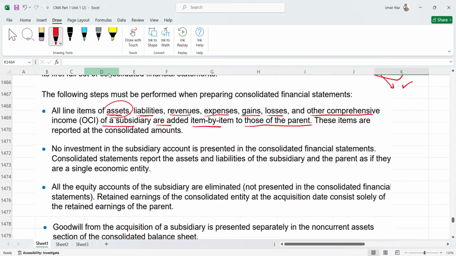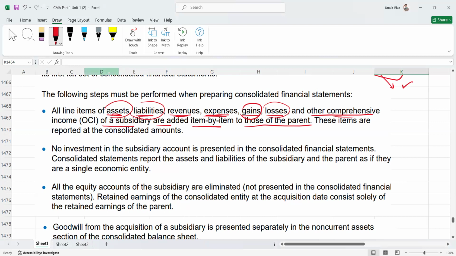Similarly, liabilities of parent plus liabilities of subsidiary equals consolidated liabilities. Revenues of parent plus revenue of subsidiary equals consolidated revenue, and expenses of parent plus expenses of subsidiary equals consolidated expenses. Similarly, you will add gains, losses, and other comprehensive income of parent and subsidiary.